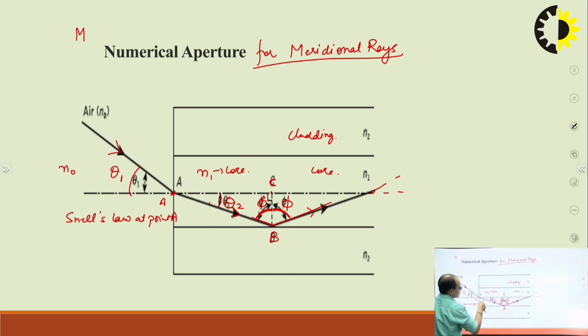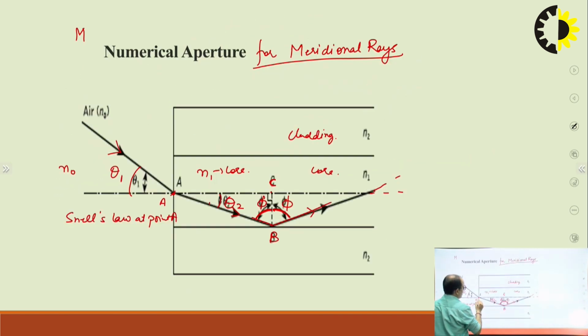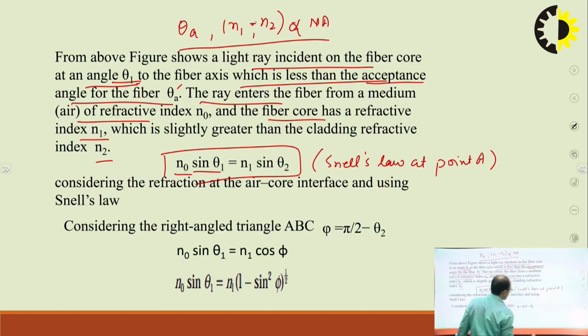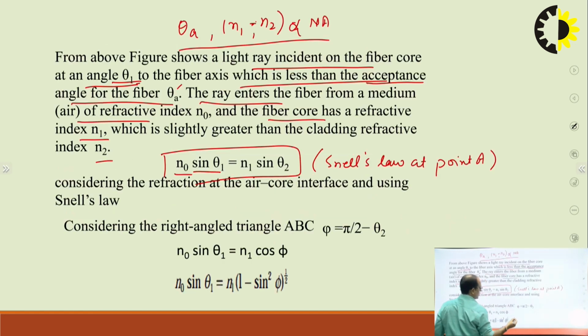From triangle ABC, you will see that phi is equal to pi by 2 minus theta 2, therefore theta 2 can be written as pi by 2 minus phi.